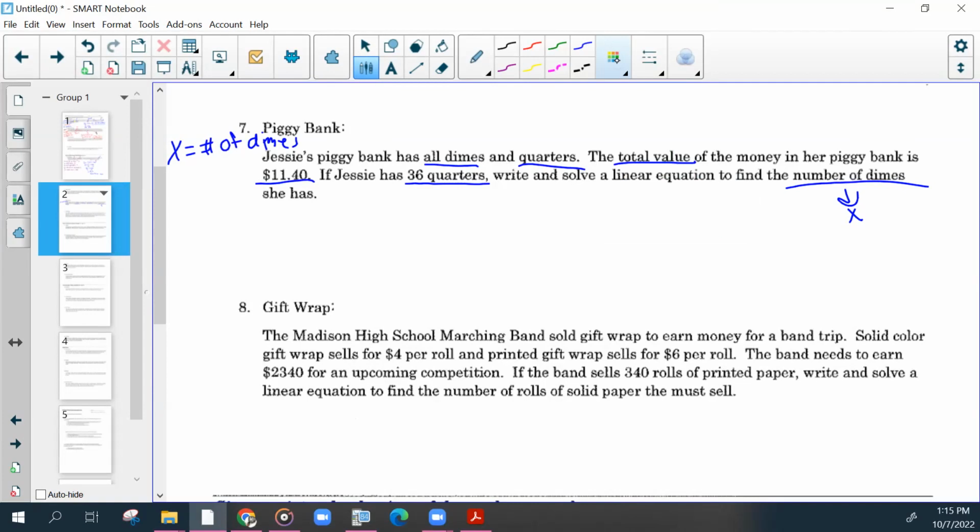Now, these are written in the format ax plus by equals C, but we only have so many numbers. With problems like this, the A and the B, you kind of have to know, because A is going to be the worth of a dime, or the price of a dime, which is 10 cents.